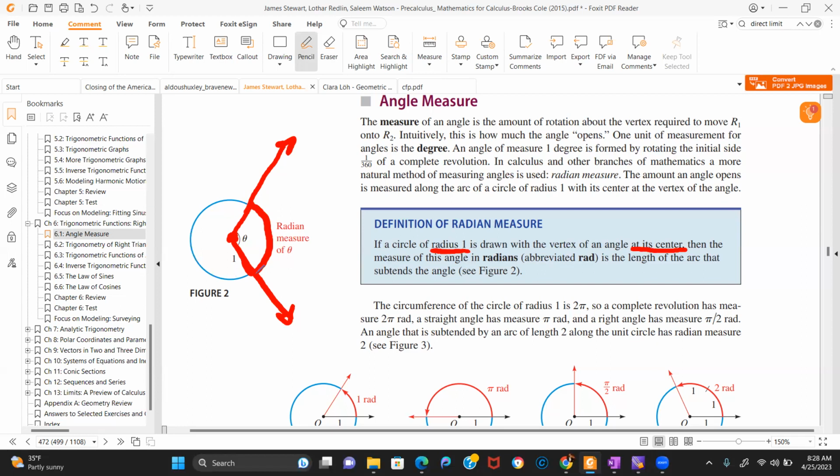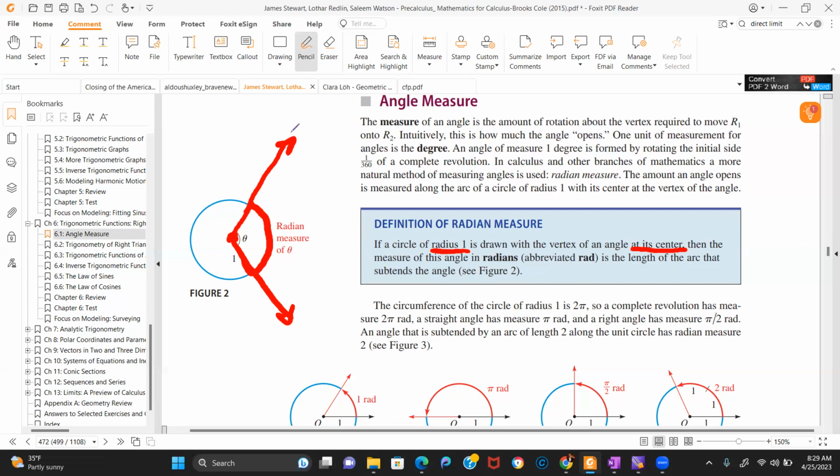And it's this observation that ties these two different approaches of defining trig functions together. So this definition does two things simultaneously. It defines the radian and it tells you how to measure it. And so this is a really nice definition, actually. This gives you a way of measuring the thing it's trying to define.